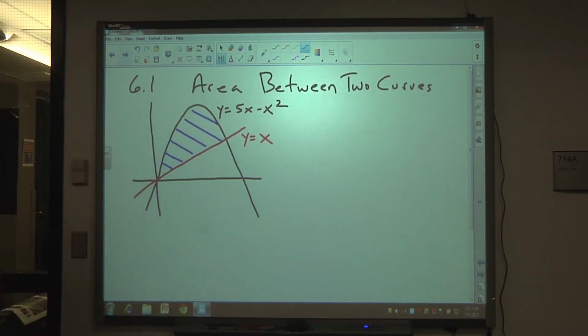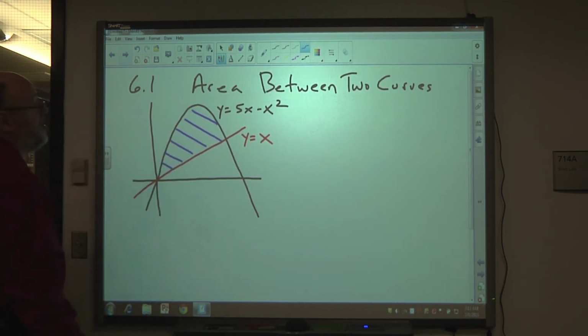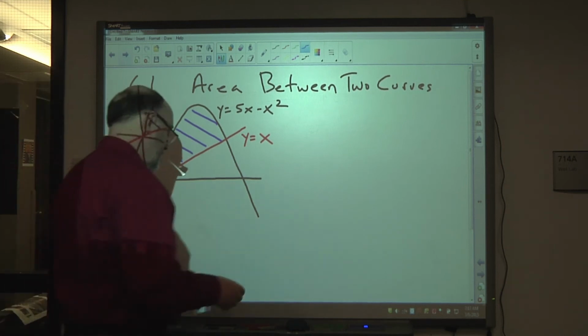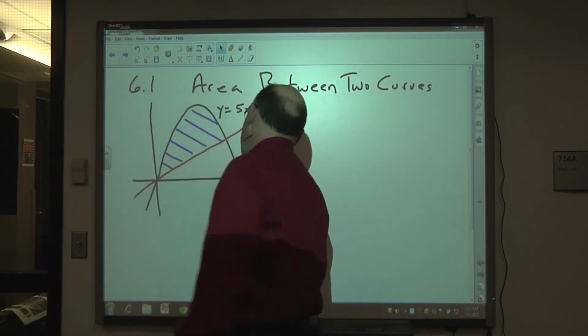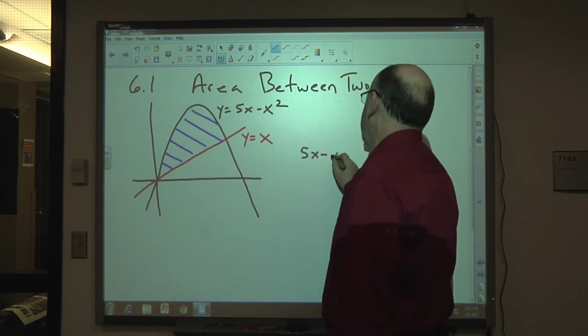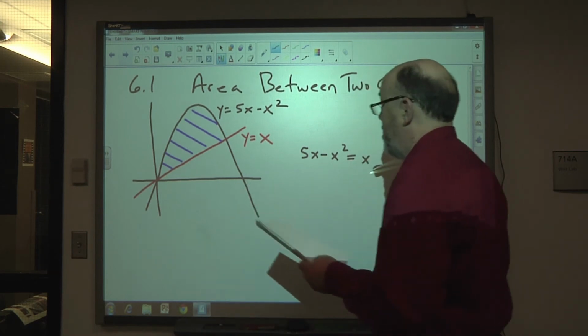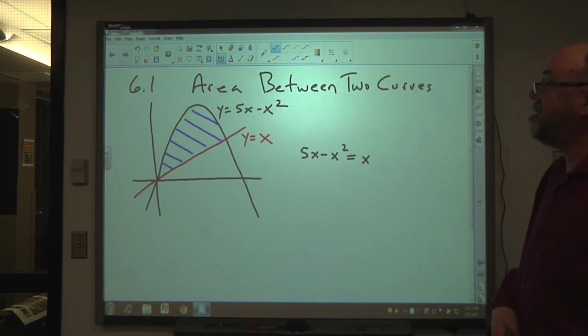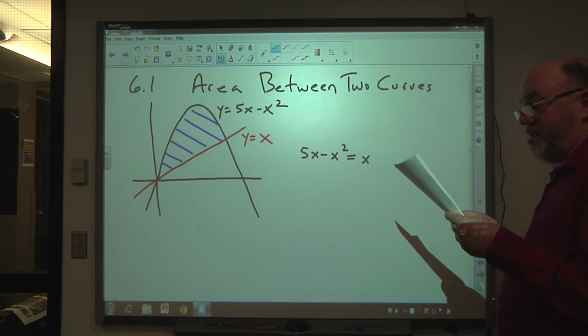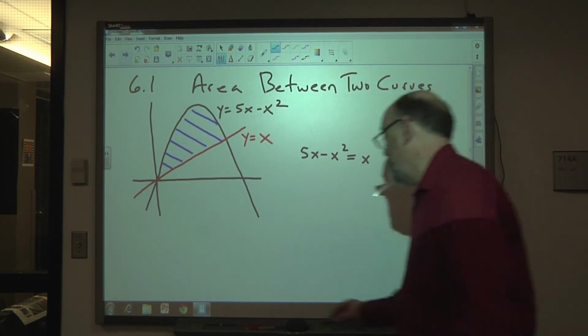So we want to integrate from this point to this point. So we need to figure out, well, what are those values where they intersect? And so we would have 5x minus x squared equal to x, because where they intersect, those two have to equal each other. And so we're going to solve this for x.